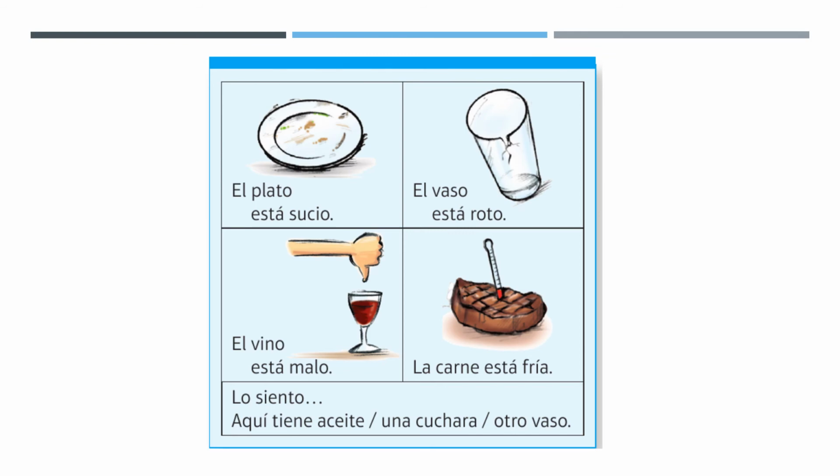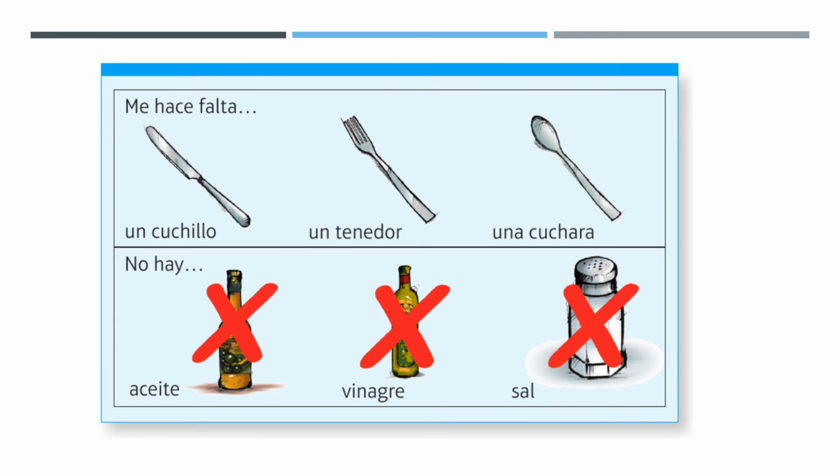Aquí tiene aceite. Here you have oil, a spoon, another glass. Okay, that's examples of what the waiter might say. Just having a look at other issues and problems that you might have. We've got, obviously, these items, a cuchillo, a knife, cuchara, spoon. So we've got cuchillo, knife, cuchara, spoon in the middle.